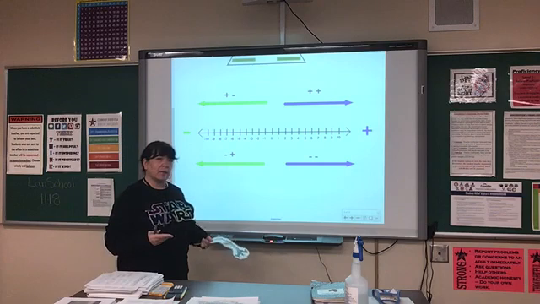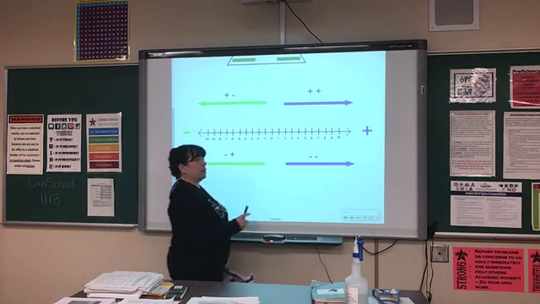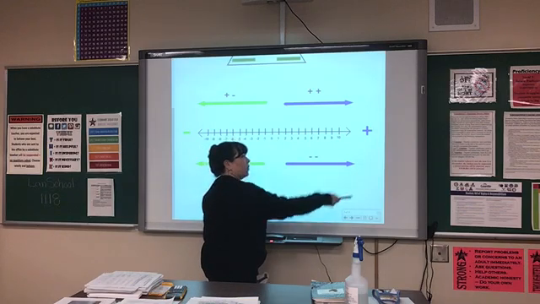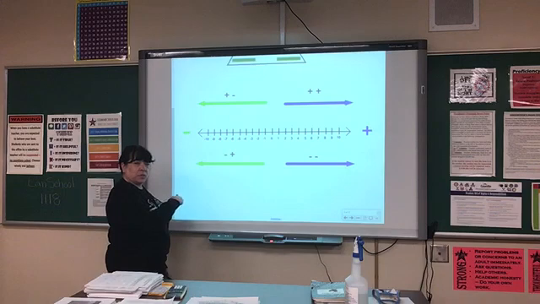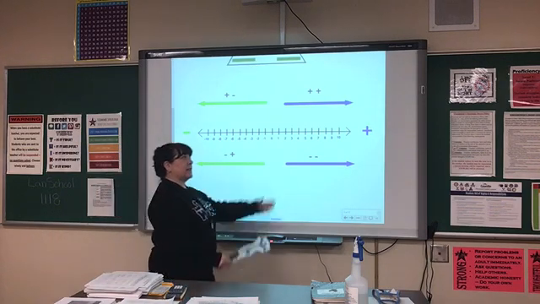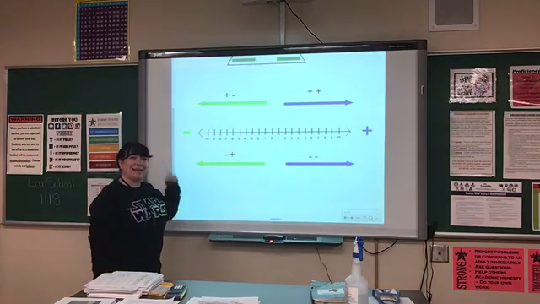Well, then the rules for addition work with multiplication. So when they were the same sign, they go that way. When they were different signs, they went this way. And so we have, if they're the same sign, you get a positive product. If they're different signs, you get a negative product.